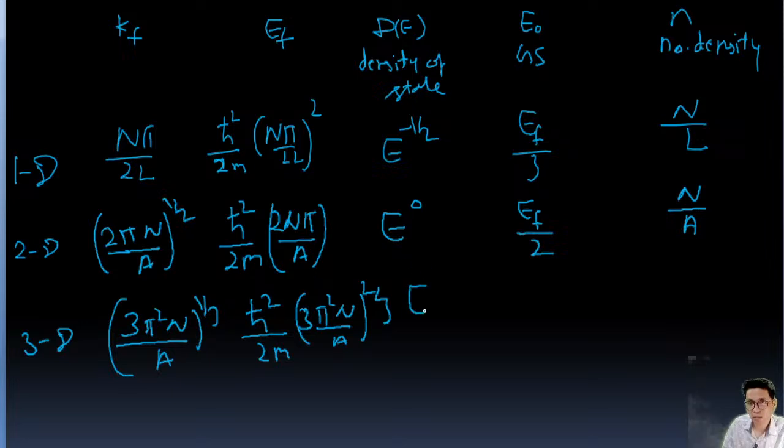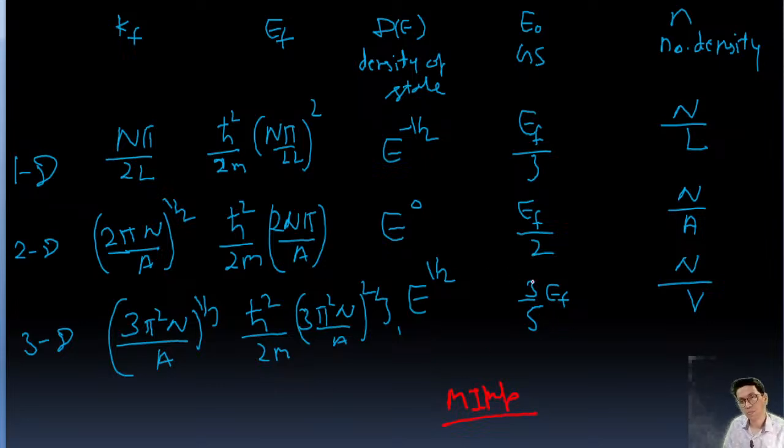Density of state is going to be proportional to E to the power 1 by 2, and the ground state energy is 3 by 5 EF, and the number density is n by V, the number density per unit volume. So this chart is very important, guys. You need to memorize it.